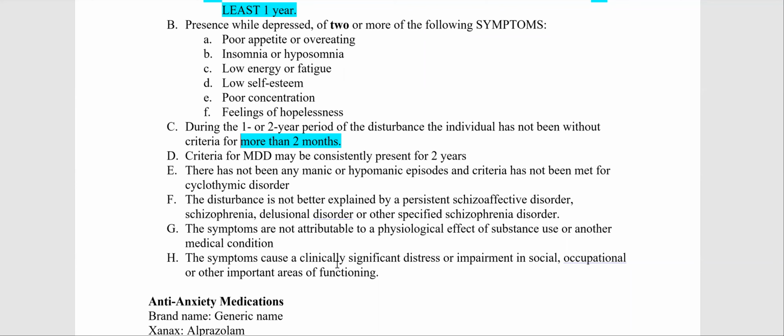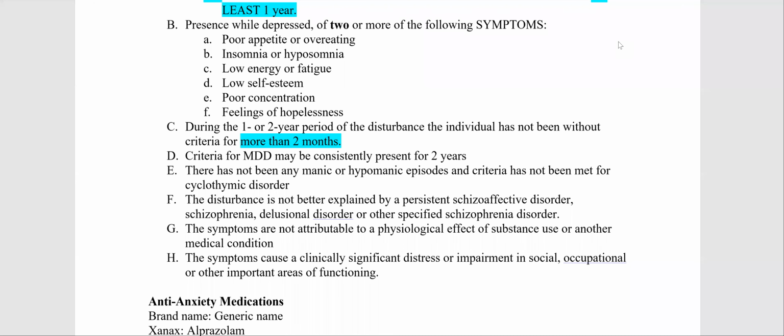And the symptoms are not better attributable to a physiological effect of a substance use or another medical condition. And as I said prior, substance use and medical conditions are some of the only things that can mirror mental health symptoms. So we always want to rule those out first, so that we don't misdiagnose someone or clump them into a mental health disorder that they don't entirely have in the absence of the medical condition and/or substance use.